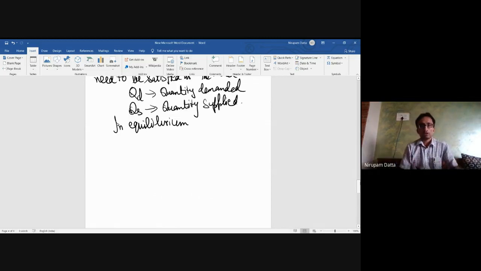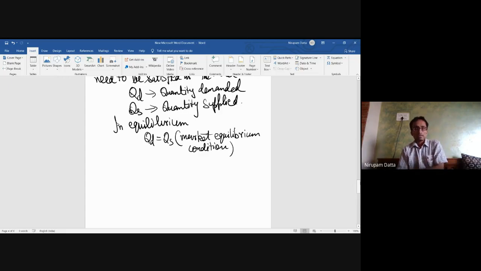The condition is that the quantity demanded should be equal to the quantity supplied. So this is the market equilibrium condition. Okay. So this is an example of a conditional equation.